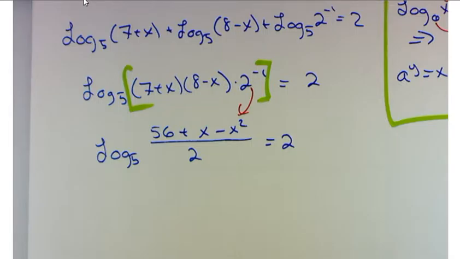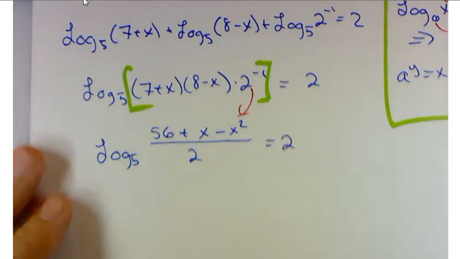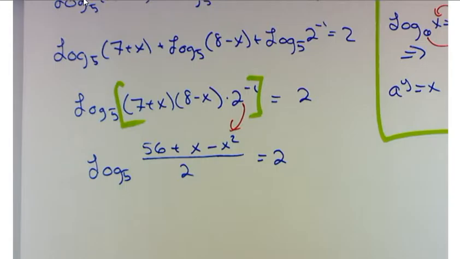Now we've got it down to the log of something equals something else. All right. I don't think you should worry about factoring that yet. What we want to do next is rewrite it using exponents. So try and do that.